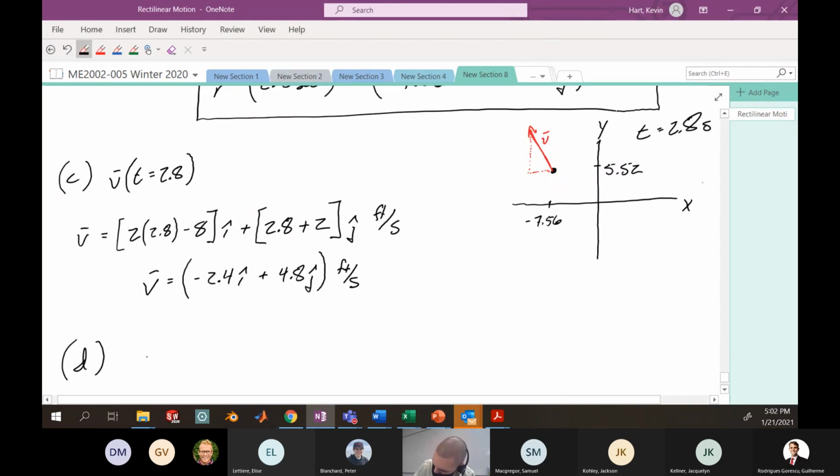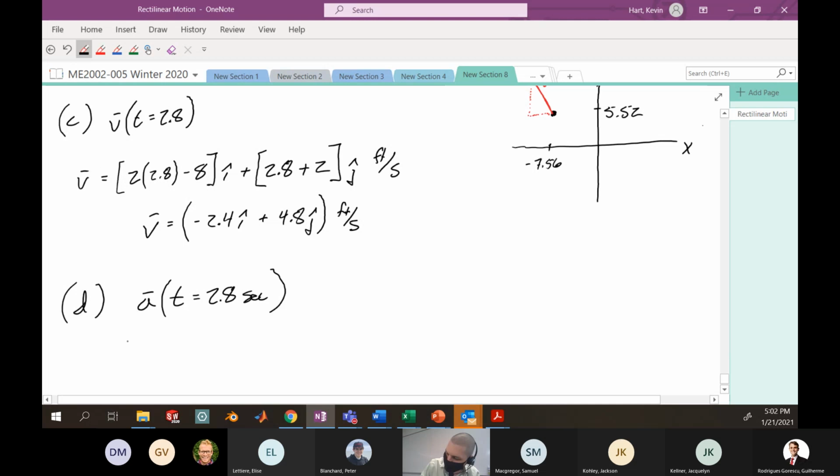Lastly, d, acceleration. Well, I would need the derivative of the velocity to execute. My velocity in the x was something like 2t minus 8. So the acceleration here, pretty simple, 2 i hat. And my velocity in j was t plus 2. The derivative of that is just 1.